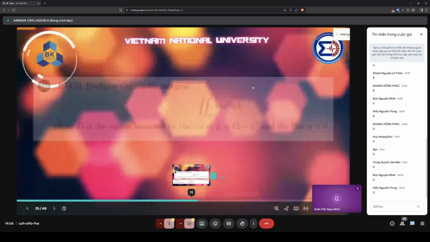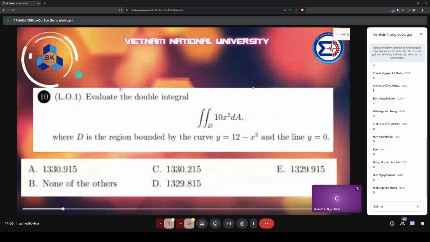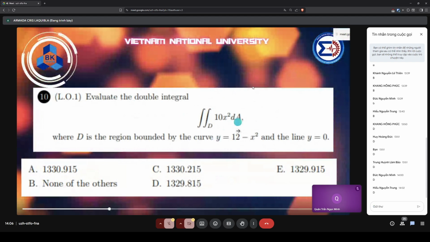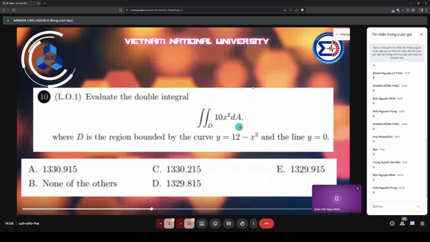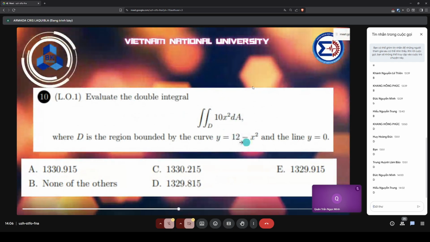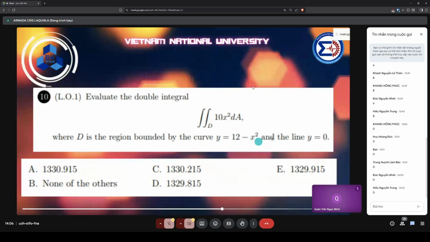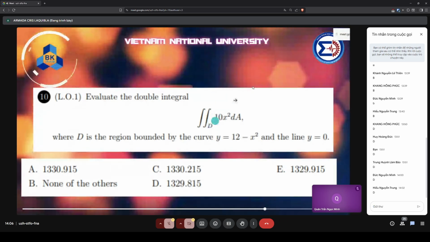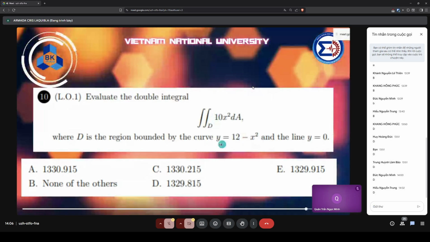Now next we have question number 10. Evaluate the double integral of 10x squared dA. So your dA, just replace that with dy dx. Why is it dy dx? Your y is bounded by functions, from 0 to 12 minus x squared. So 0 is in the inner integral, going to 12 minus x squared. Now this 12 minus x squared, they're all equal to y.